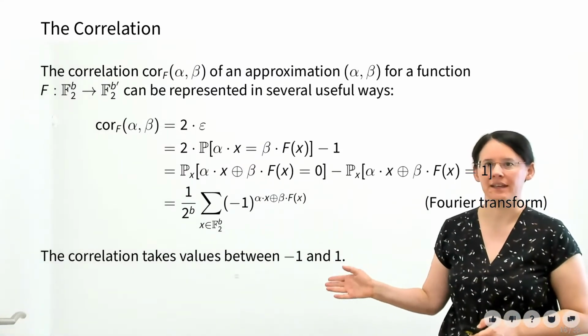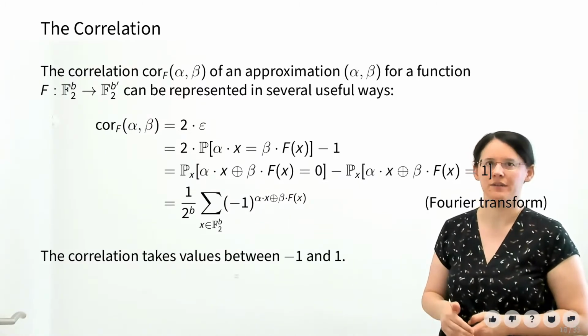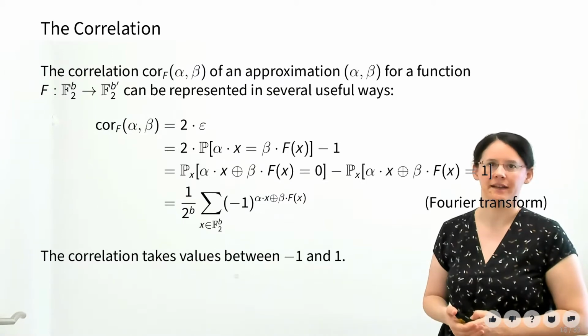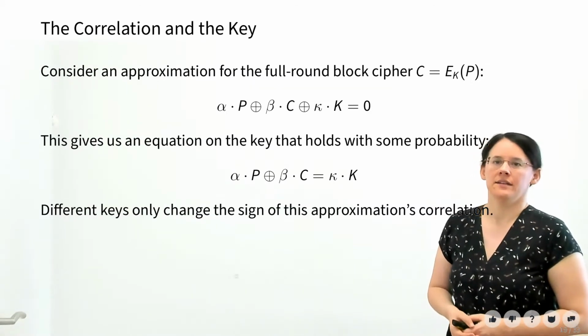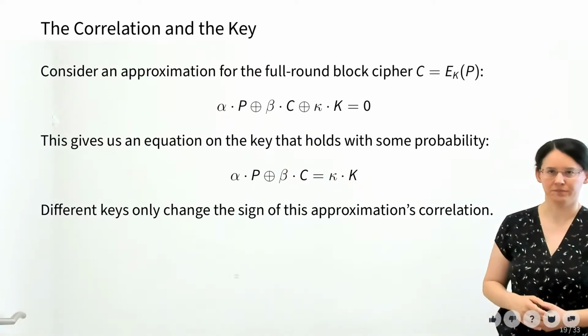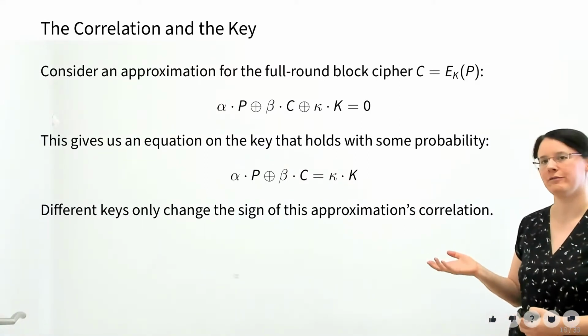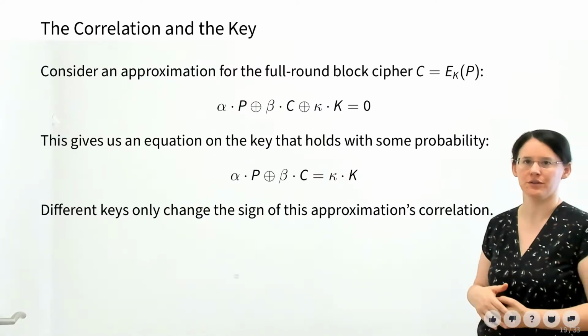Let's now see how the key comes into this, in order to better understand how the key recovery attack then works. So let's have a look at a full round block cipher, and what we can get if we follow the strategy that we saw so far.